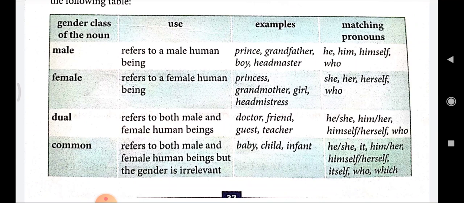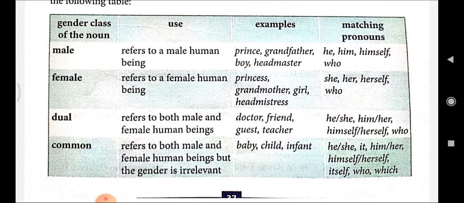The examples given here are prince, grandfather, boy, headmaster, etc. And the pronouns which we use for male are he, him, himself, who, etc. When it comes to female, we can see the examples given over here, that is princess, grandmother, girl, headmistress, etc. And the pronouns which are used for females are she, her, herself, who.